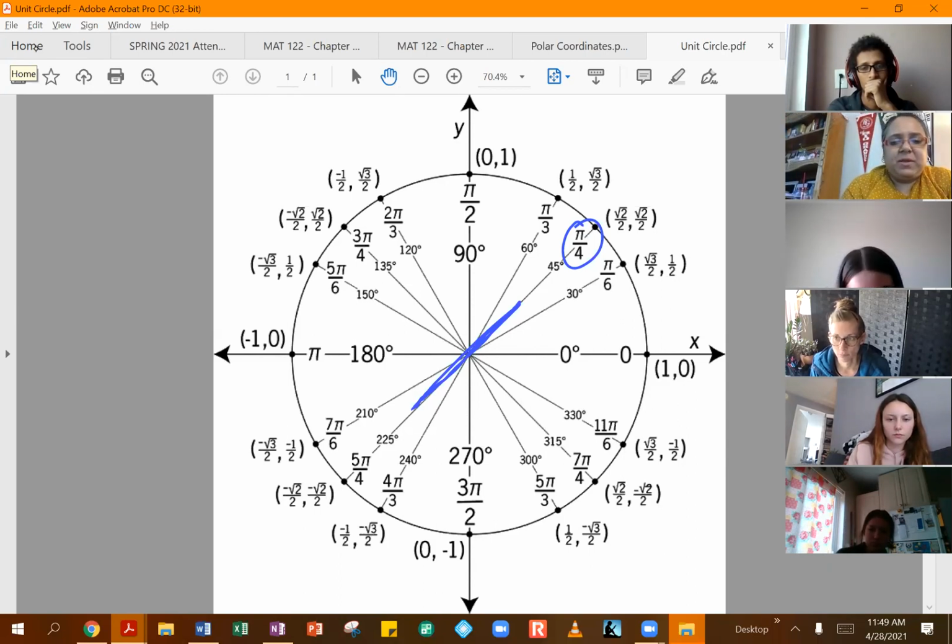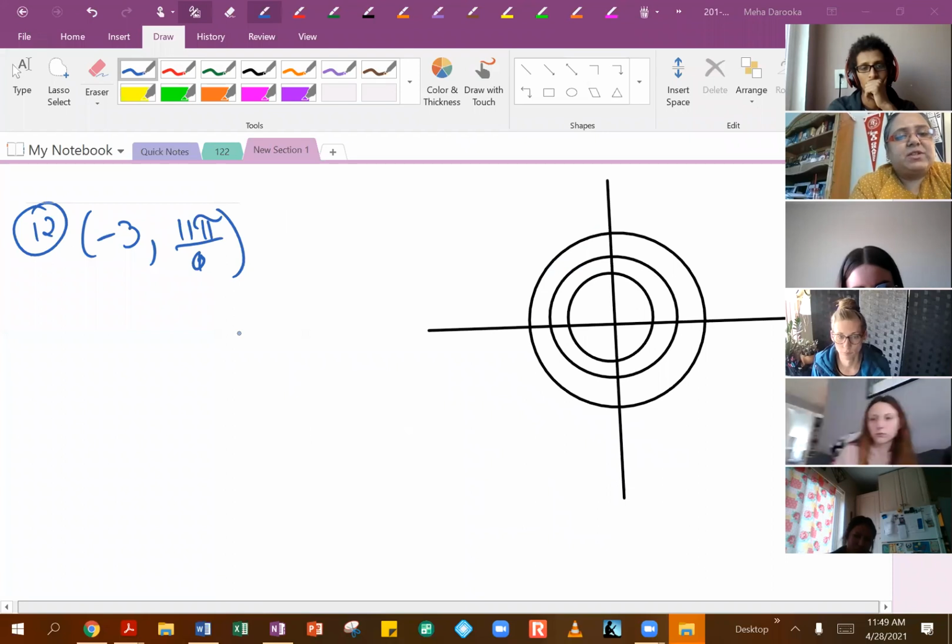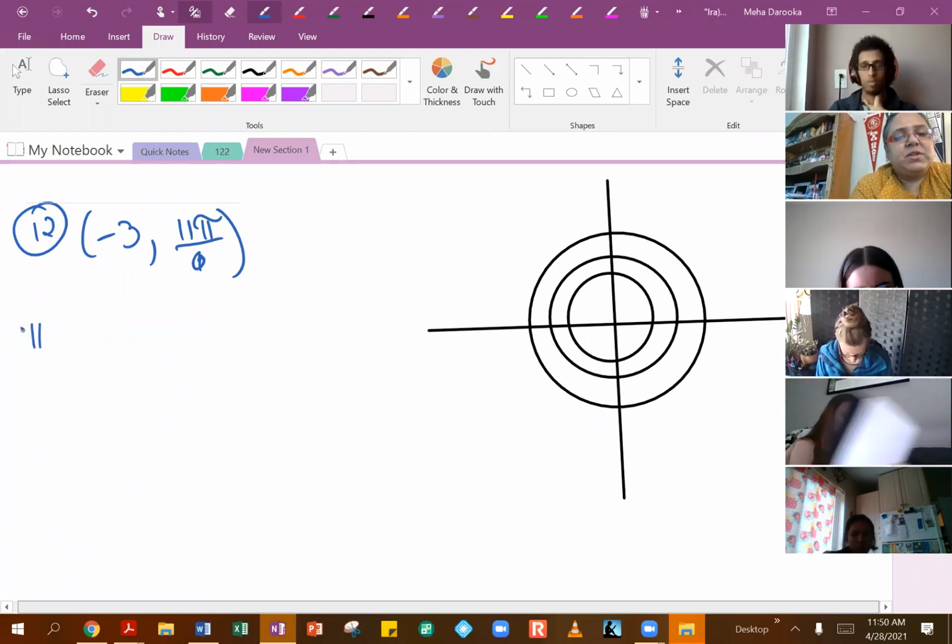So this is probably where I would actually start, by finding out our equivalent. Yeah, Abdulaziz. So let's start by actually finding the 3 additional points first, and then we'll talk about graphing these.